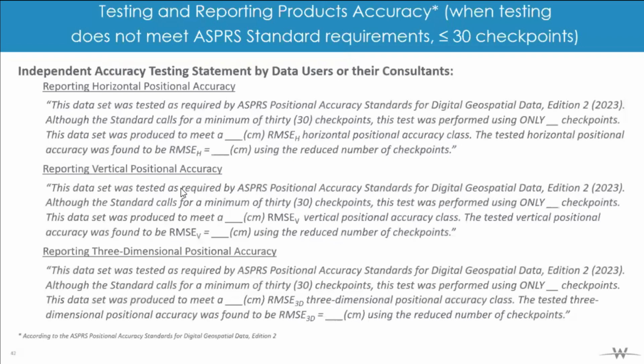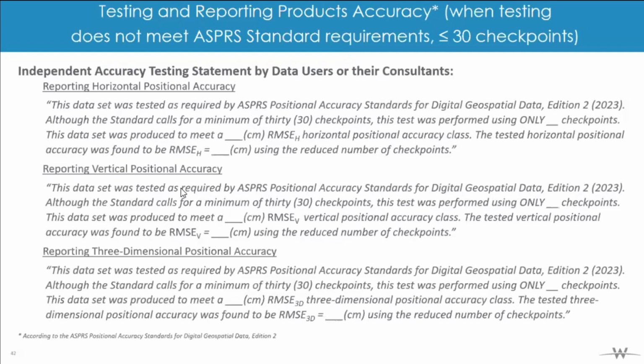Say this data set was tested as required by the ASPRS positional accuracy standard, although the standard calls for a minimum of 30 checkpoints. This test was performed using only 15 checkpoints. This data set was produced to meet, and so on.